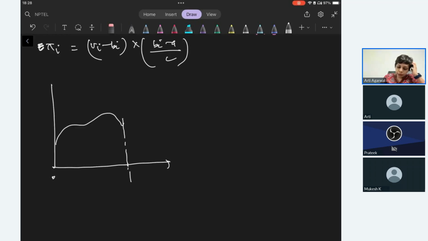Now, say there's some random variable x, and you want to know the probability that it falls within this interval. Then this is given as equal to fx into x. Okay, fx is some probability density function. Is that making sense?